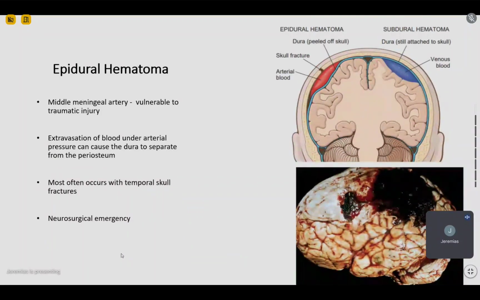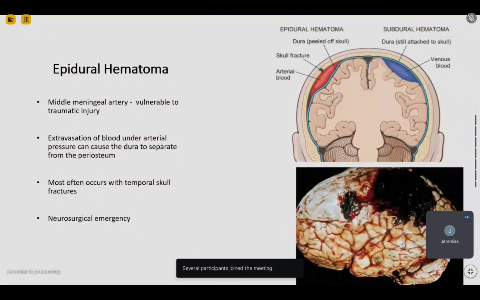So epidural hematoma is shown in the picture. In epidural hematoma, the blood, since the dura is this area that I'm pointing to, and the dura is supplied by a number of arteries, most notably the MMA or the middle meningeal artery, they are very vulnerable to traumatic injury.